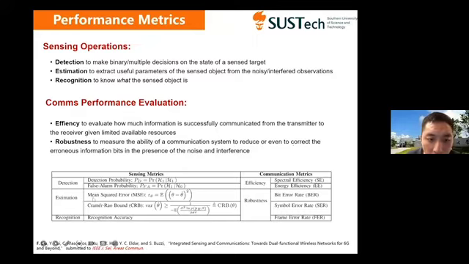For estimation, we have mean squared error for the estimate of a given parameter, and the parameter bound, which is the lower bound of all unbiased estimators. These are their definitions, and you can look into the details in this paper.